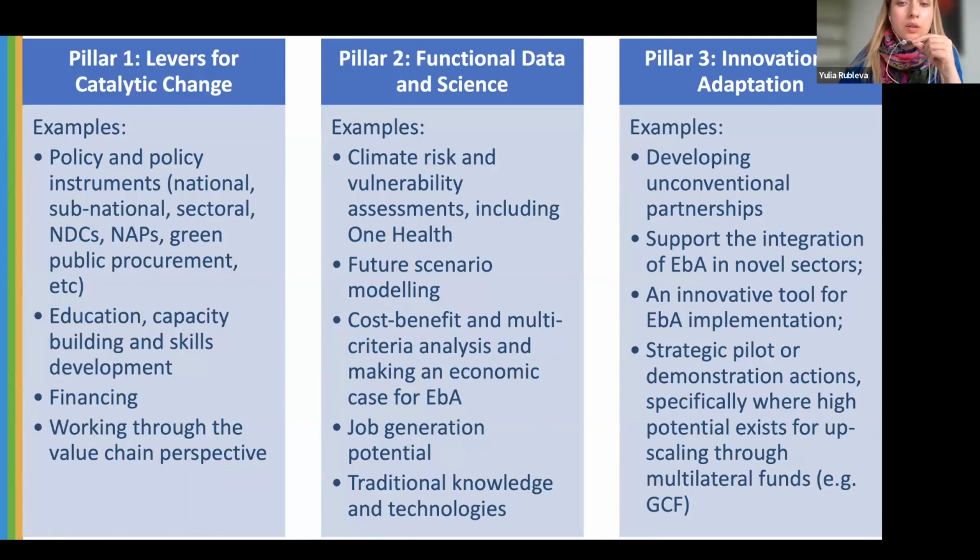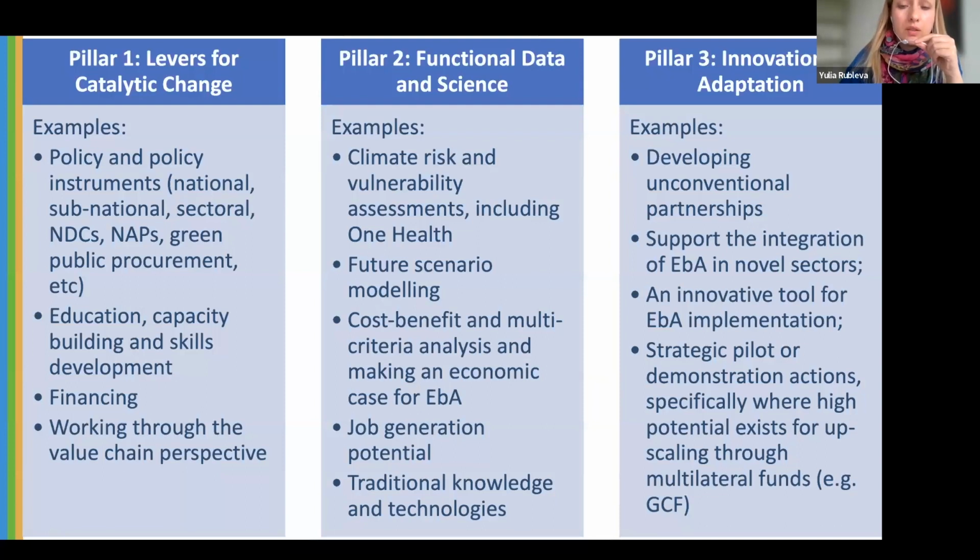The next lever for catalytic change that we have identified under this pillar is education, capacity building, and skills development. Here projects can focus on inclusion of EBA into the curricula of formal, informal, and technical and vocational education and training, as well as capacity building and lifelong learning activities that target specifically groups of practitioners that are directly involved in shaping policy and practice, such as extension workers, agriculturists, city planners, public servants, and so on.